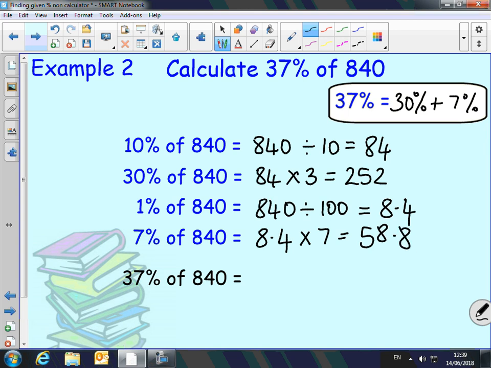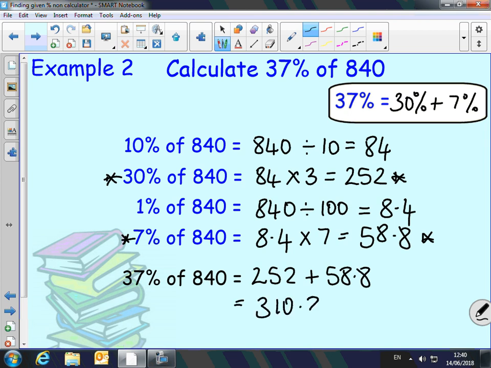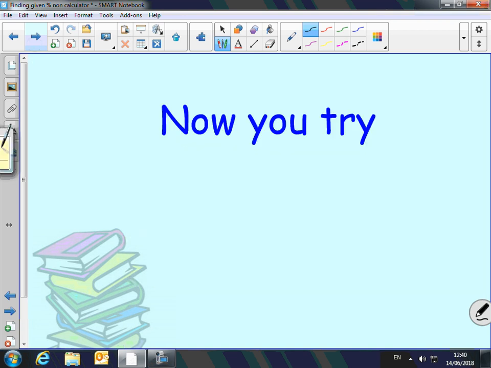So to get your final answer of 37%, we're going to take our answer from 30% and 7% and add them together. So we have 252 plus 58.8 to give you your final answer of 310.8.